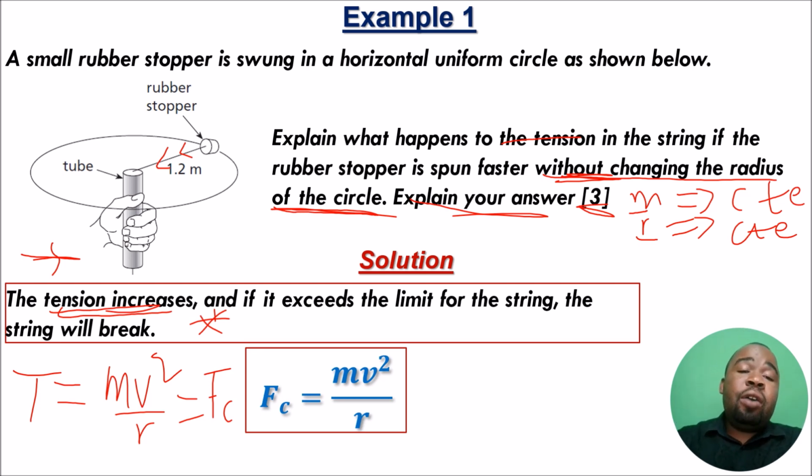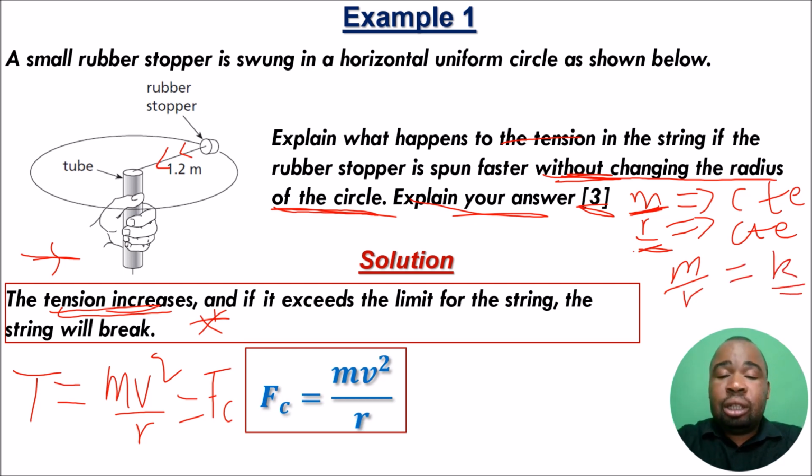Now, if mass is constant and radius is constant, we can say m over r is equal to k, a constant of proportionality.